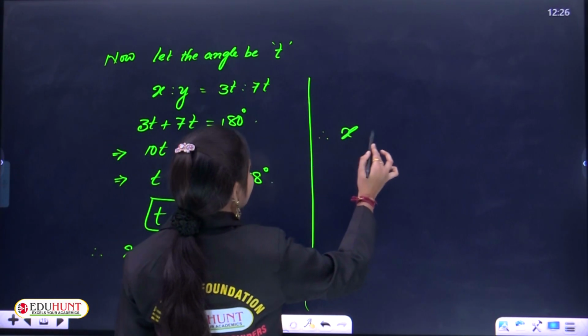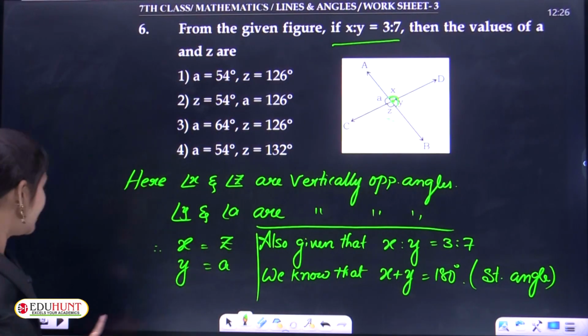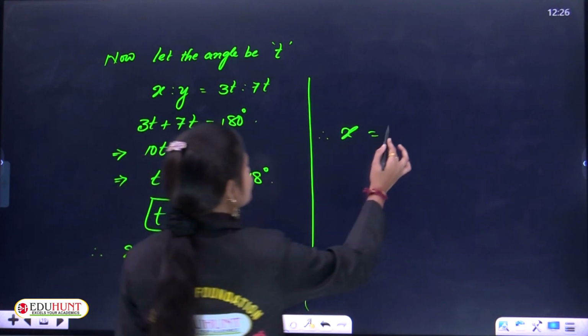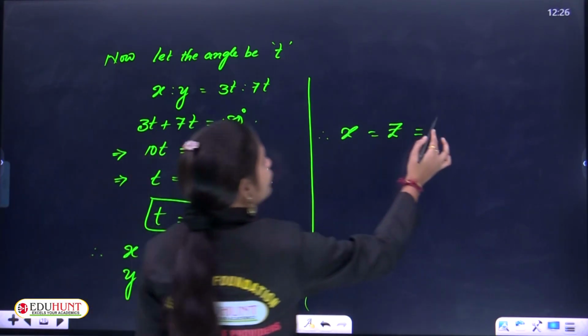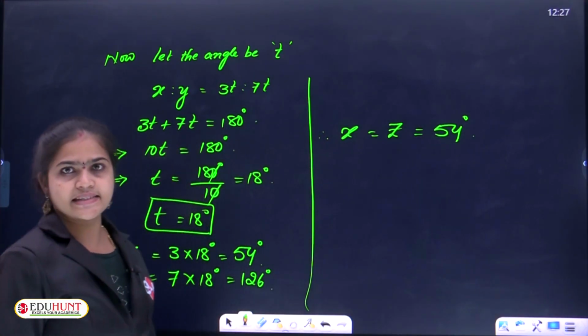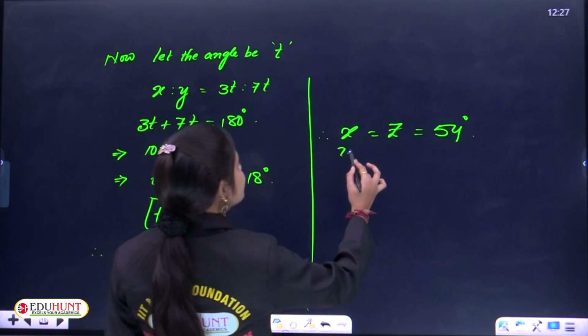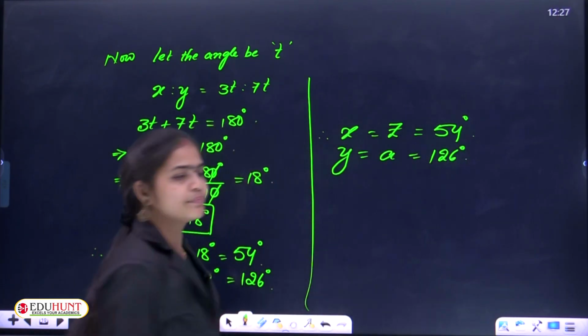Which two angles are equal? X and Z are equal. X is equal to Z is equal to 54 degrees. Since X is equal to 54, Z is also equal to 54 degrees. Next, Y is equal to A is equal to 126 degrees.